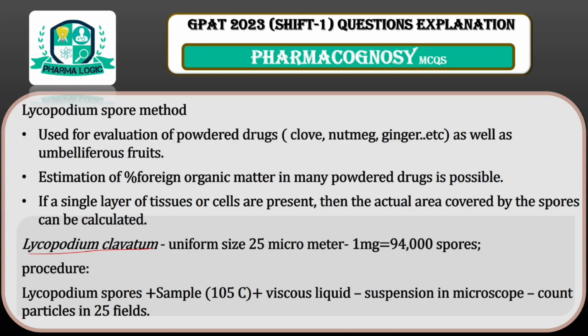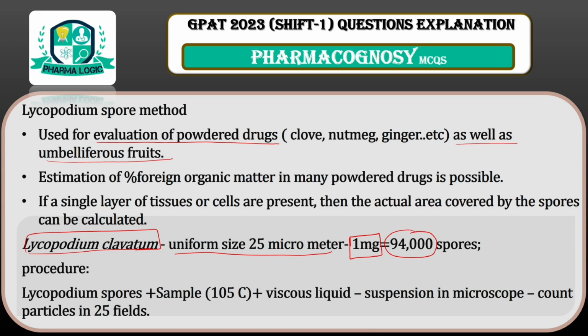Lycopodium spores are derived from Lycopodium clavatum, which has a uniform size of 25 micrometer. If you take 1 mg of Lycopodium spores, it always has 94,000 spores.